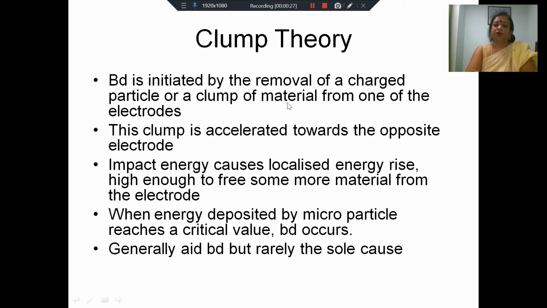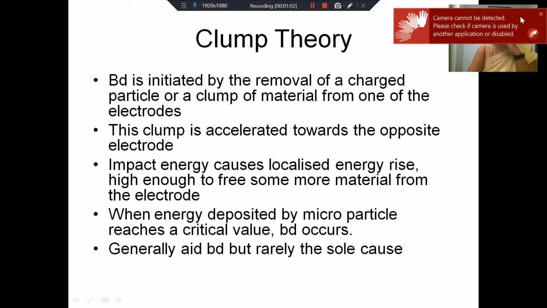So if we talk about the Clump theory, we are assuming here that under the application of the electric field across vacuum, there is the removal of a charged particle. Let's say there is on the electrode a charged particle which is loosely bound, so under the application of the electric field, this charged particle will feel a force which tends to accelerate it into the field, and this force may cause it to be removed from the electrode.